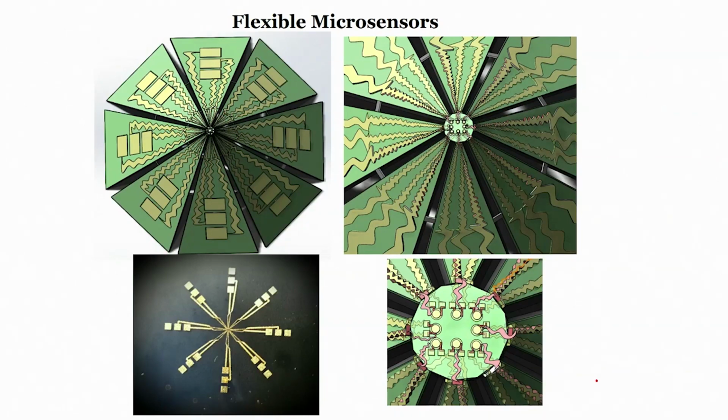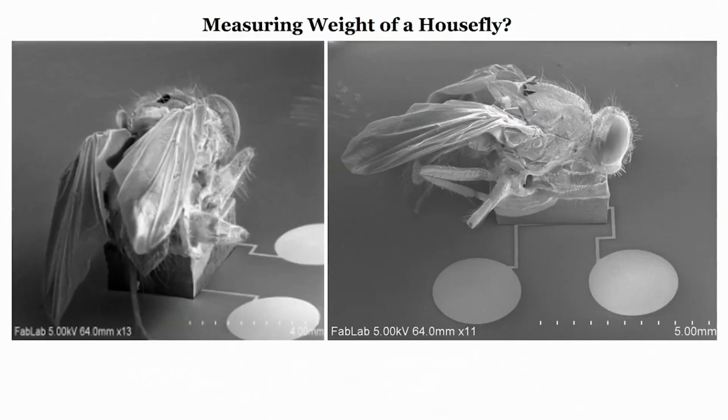Now, let us say this is the last slide of this particular module, and you can see a housefly, right, and the housefly is sitting on what? The housefly is sitting on a flexible sensor.